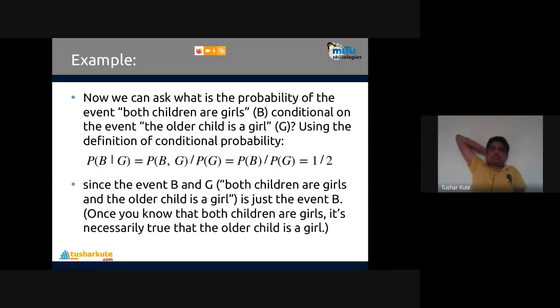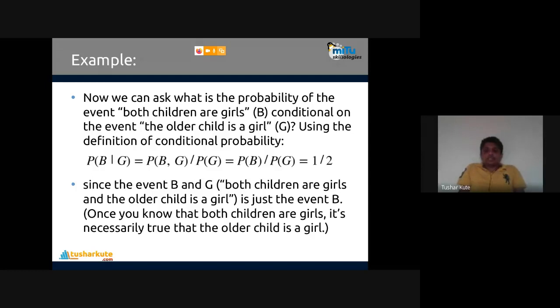The probability of B, that both children are girls, when the older child is a girl, is, using the previous formula, P of B comma G divided by P of G, equal to P of B divided by P of G, which is equal to 1 by 2. This is the 50% conditional probability.